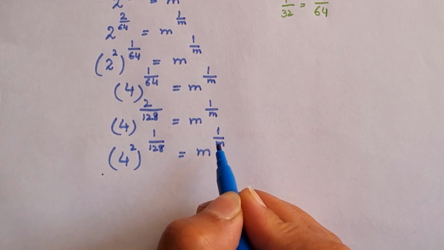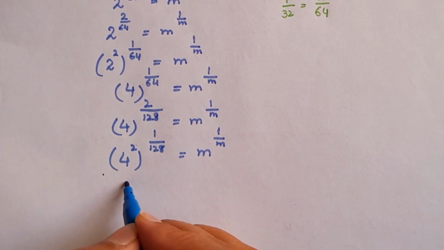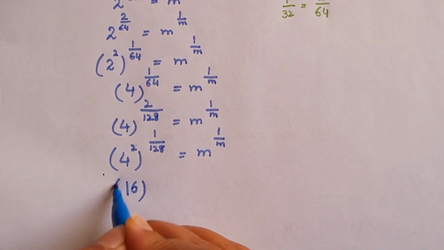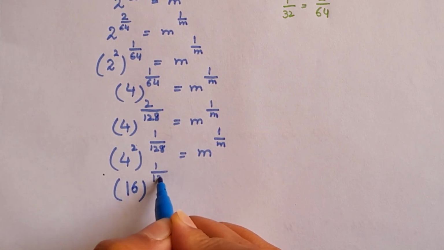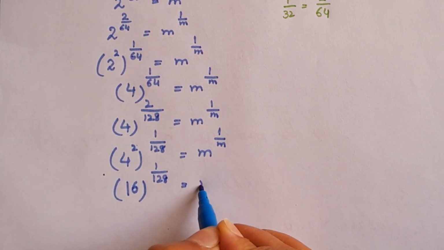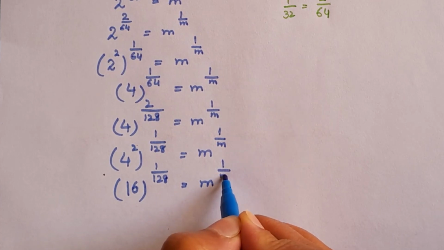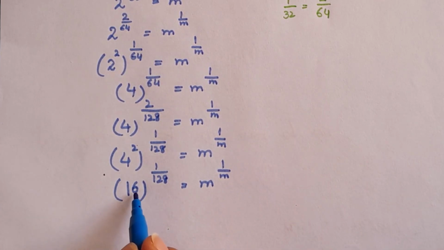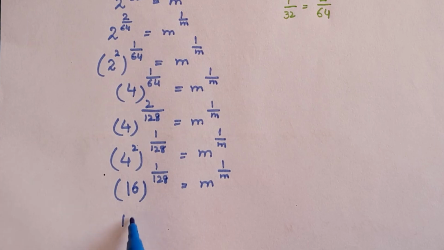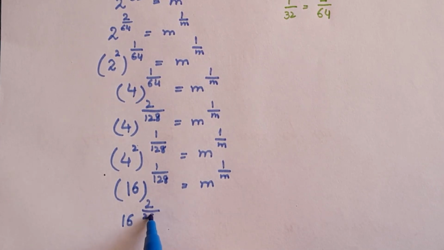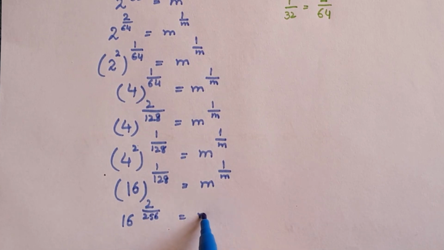4 to the power 2, or 4 square, is 16 to the power 1 divided by 128, equals m raised to power 1 over m. Changing 1 divided by 128 to its equivalent value, we can write it as 2 divided by 256.